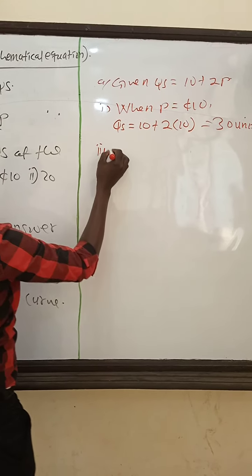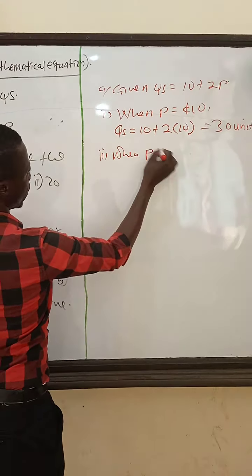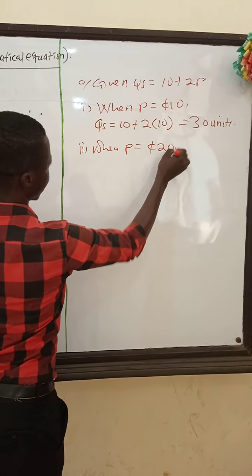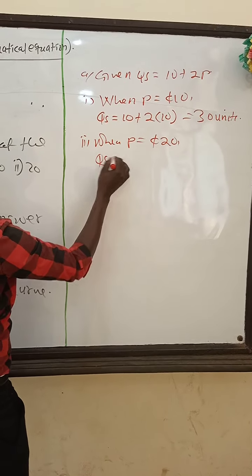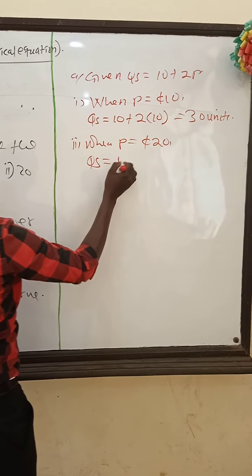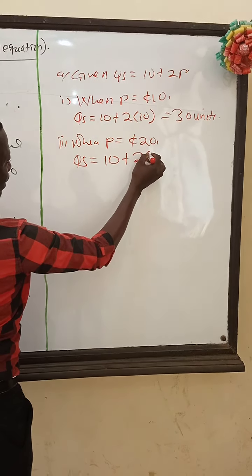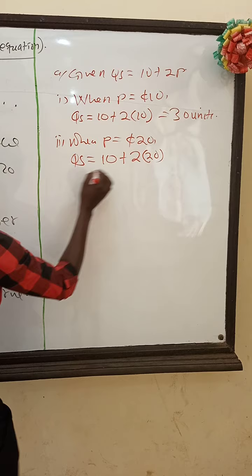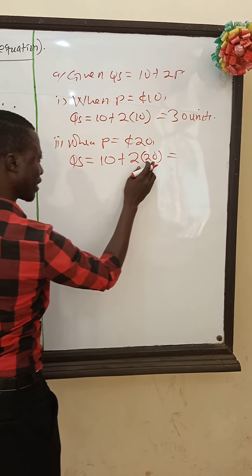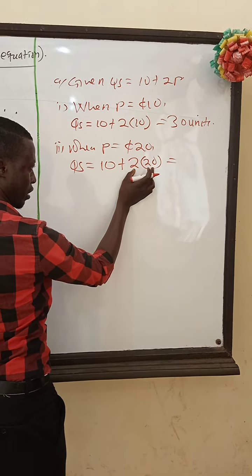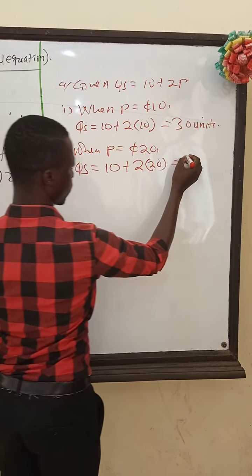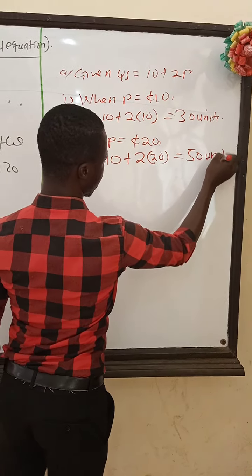Then when P equals 20 cedis, my QS will be equal to, remember the supply equation, 10 plus 2 into bracket, then I'll put 20 there. So QS will be equal to 20 times 2 will give us 40, 40 plus 10 will give us 50, so I'll have 50 units.